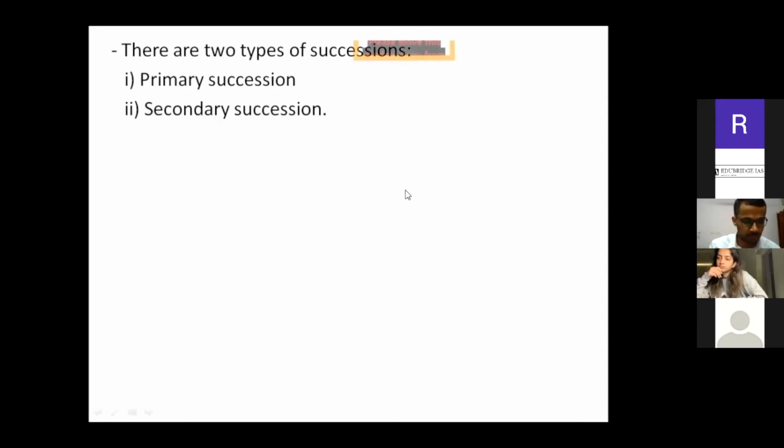Next, third point, under this flowchart: habitat will become more diverse with the occurrence of new organisms.